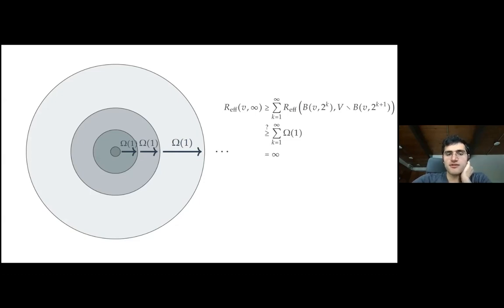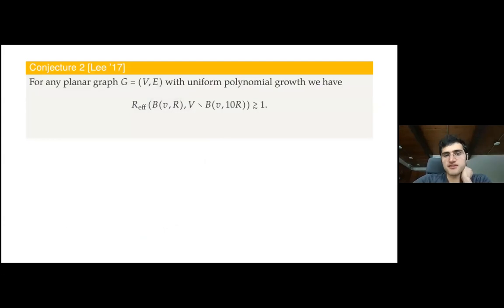But we don't know if it's true or not yet. In fact, James had conjectured that this is true for any such graph. What we do know by work of Benjamini and Papasoglou is that this is at least 1 over R. But the lower bound that we need is a constant that doesn't depend on R.